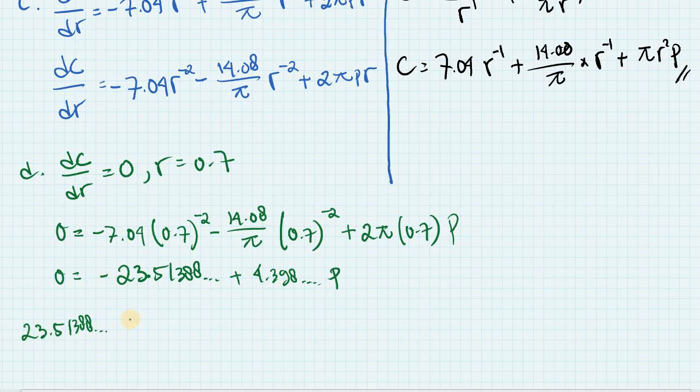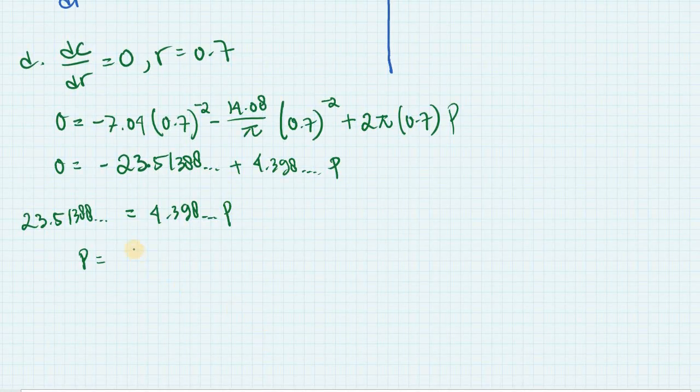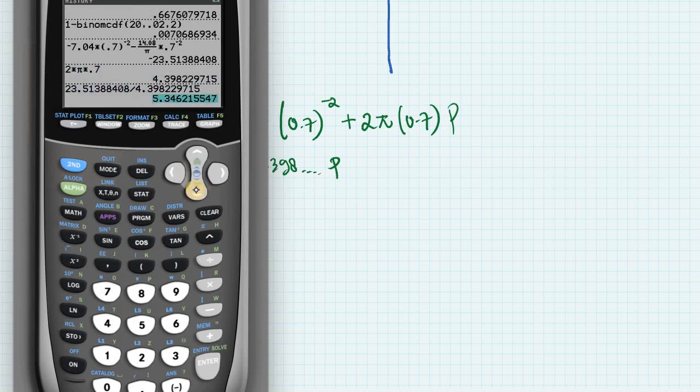So 23.51388 and so on equals 4.398 and so on times p. So p equals 23.51388 divided by 4.398. I also happened to already calculate it.